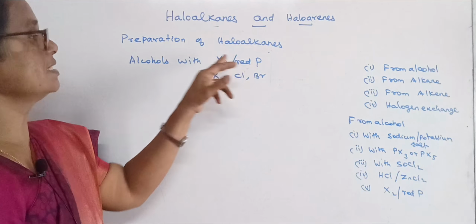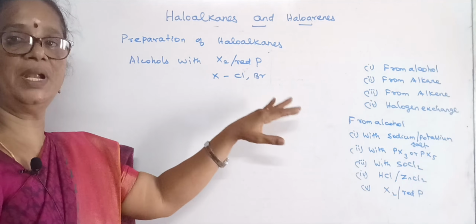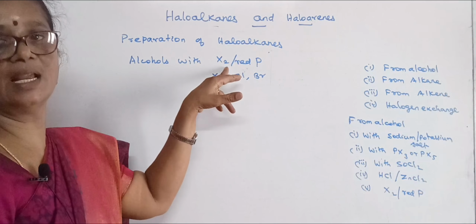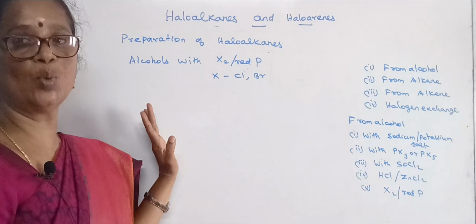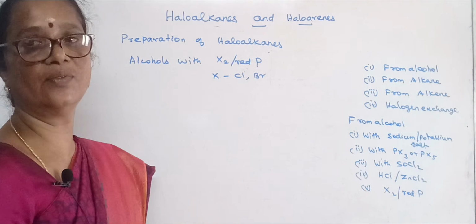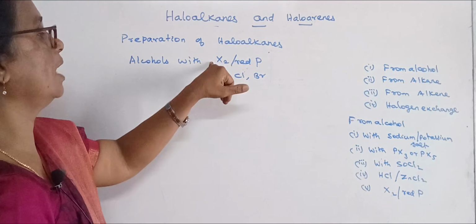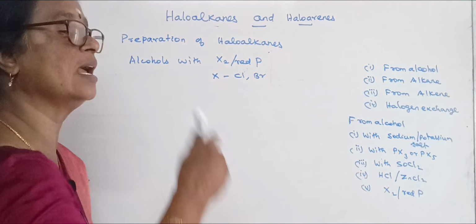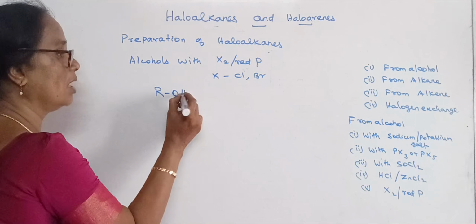The red phosphorus converts the halogen into its trihalide or pentahalide depending on the reaction conditions. The halogen is either chlorine or bromine. We won't take either fluorine or iodine. So in presence of red phosphorus, the halogen is converted into trihalides of phosphorus and then they react with alcohol.